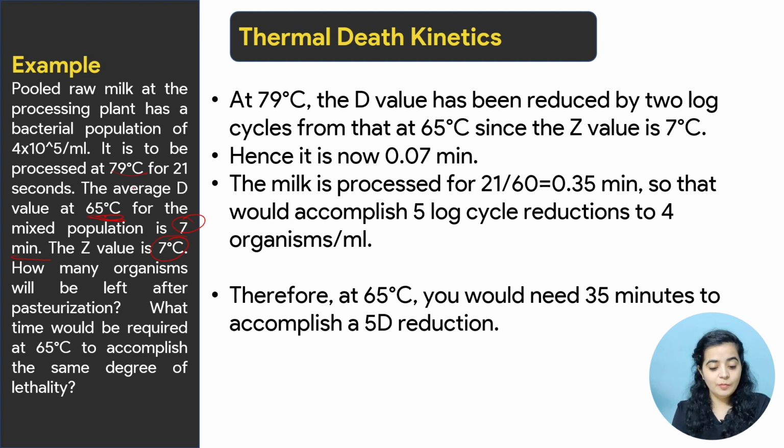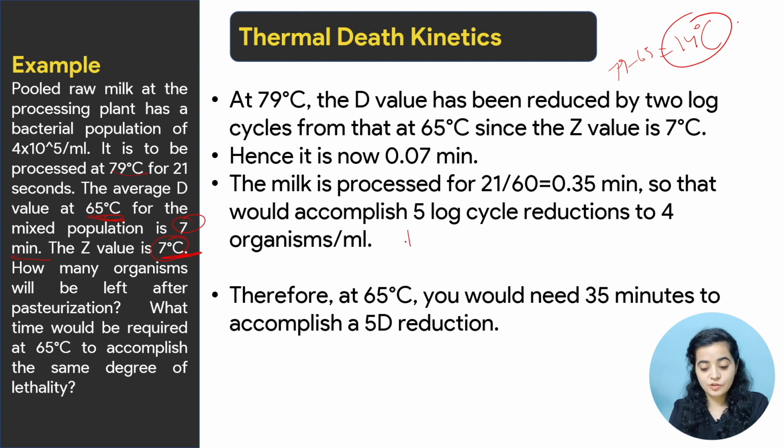Now 79 minus 65, as you know, would come out to be 14 degrees Celsius, right? Now we know the Z value is 7 degrees Celsius. What it means is at increase of 7 degrees Celsius to 65, we will get a reduction of D value by 1 decimal place. But here the temperature difference is 14 degree, which is a factor of 7 into 2.